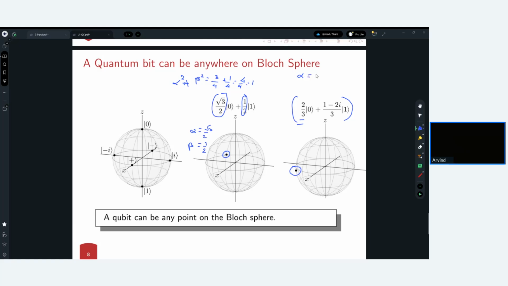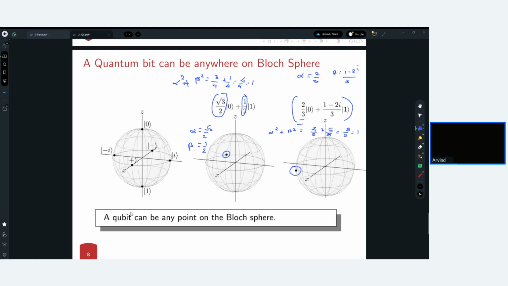Here alpha is equal to 2 by 3 and beta is equal to 1 minus 2i by 3. If you take the summation of alpha square plus beta square, it comes to 4 by 9 plus 5 by 9, which is 9 by 9, equal to 1. That's why this is a valid qubit state.